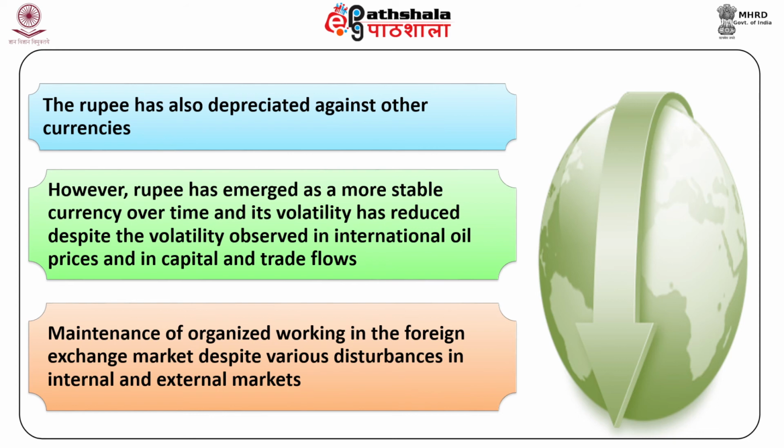This is despite the volatility observed in international oil prices and in capital, especially short term, and trade flows. The Reserve Bank of India (RBI) has been able to maintain orderly working in the foreign exchange market despite various disturbances in internal and external markets.